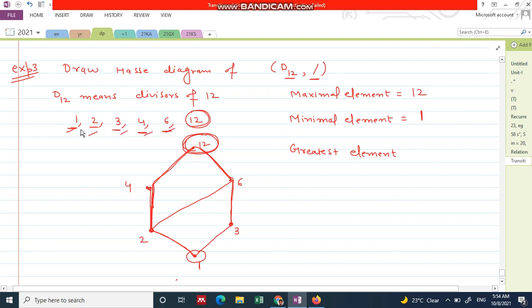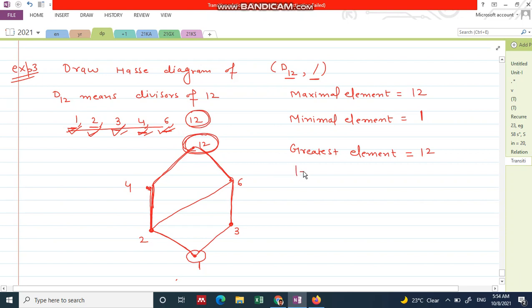You see that 12 is divisible by 1, 2 also divides 12, 3 also divides 12, 4 also divides 12, and 6 also divides 12. So every other element of this relation divides 12. And so we can say here that 12 is the greatest element, because every element of this relation is in a relation with 12.